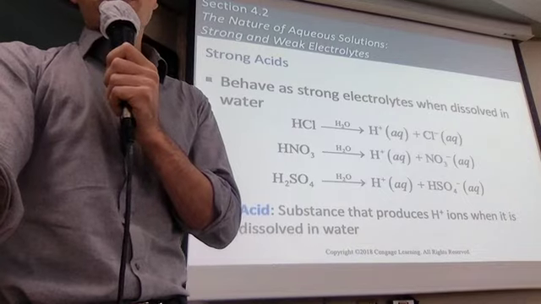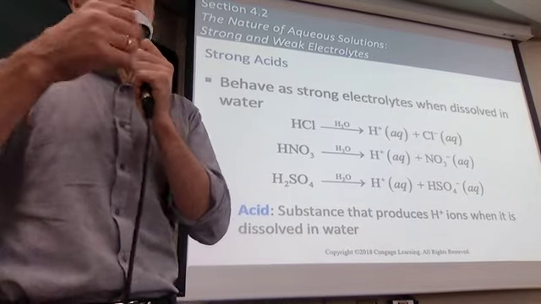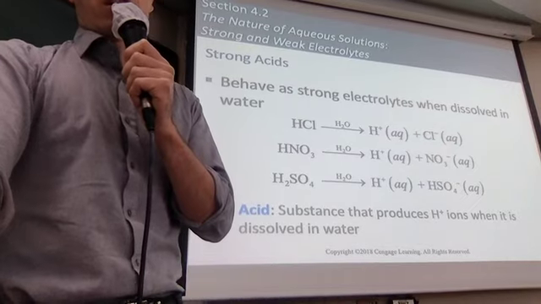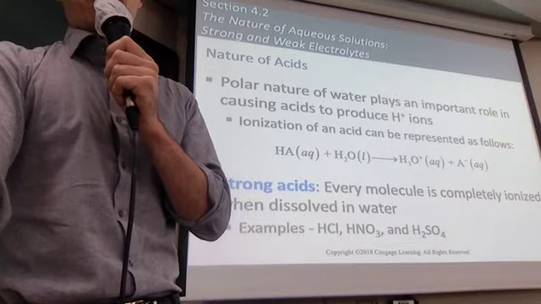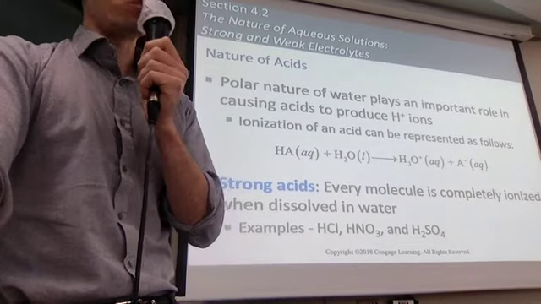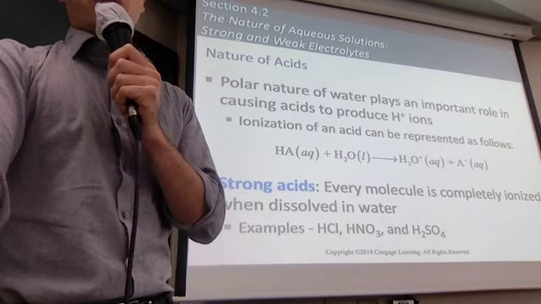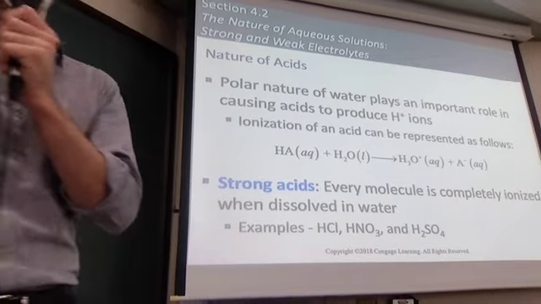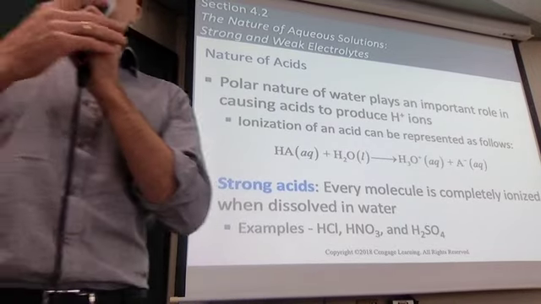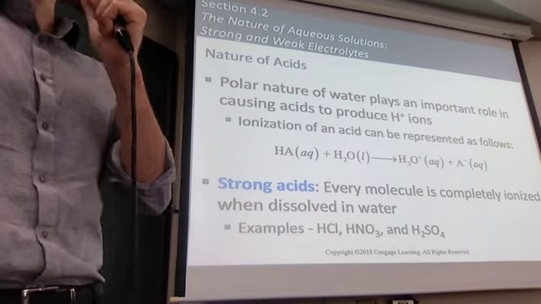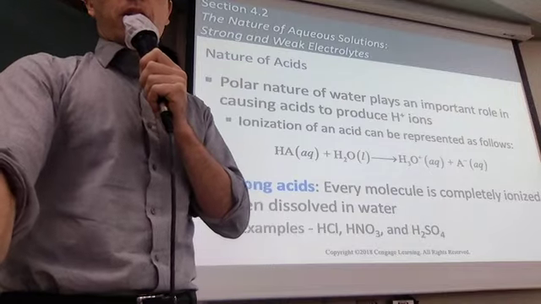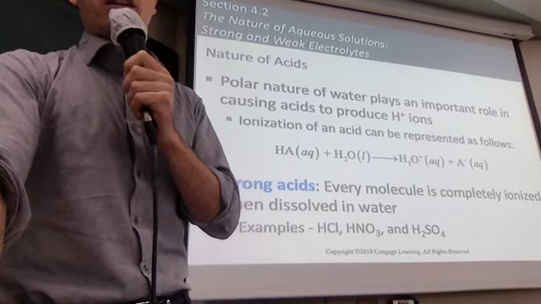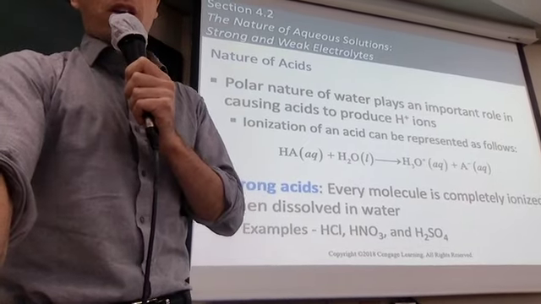We also discussed acids, which are those which can donate protons, and then by that they can produce ionic solutions, electrolytes. Strong acids are those which completely dissociate, so all of these acid molecules will just convert into anions and protons.